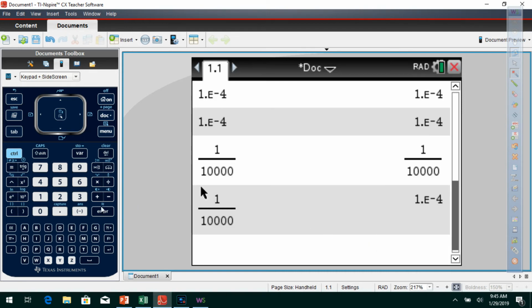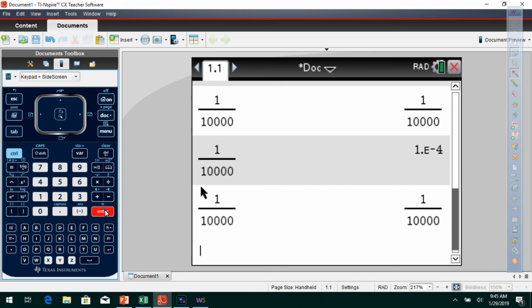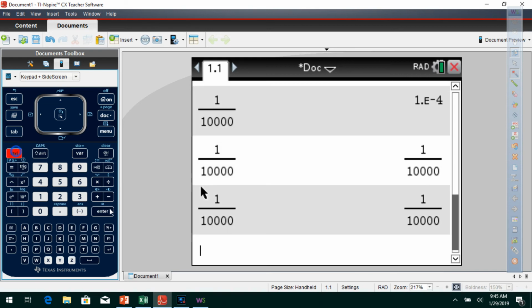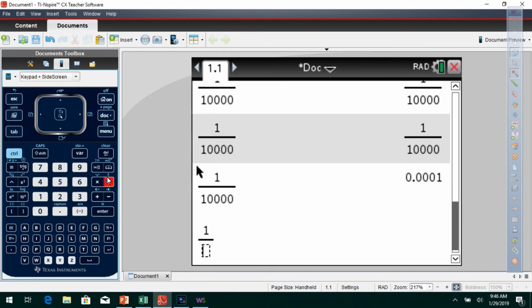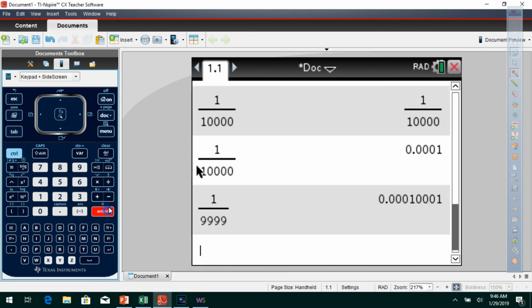Now, one divided by 10,000, and then one divided by 9,999. And there you go. Okay, that's not a whole lot of difference.